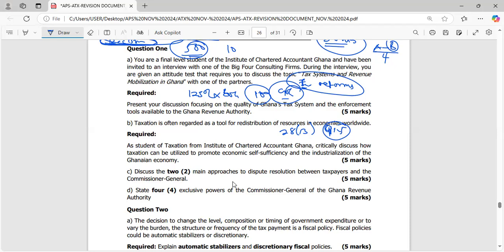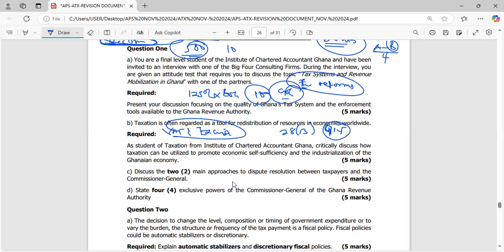And for some tax types, for VAT and excise duties, the law allows you to what? You have to pay all outstanding taxes, plus the amount of tax in dispute, before the Commissioner General will listen to your objection.